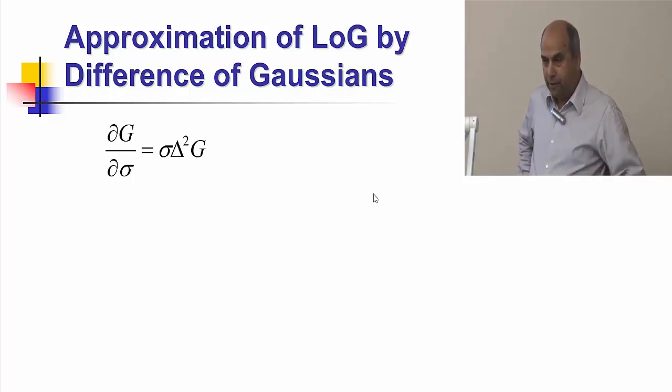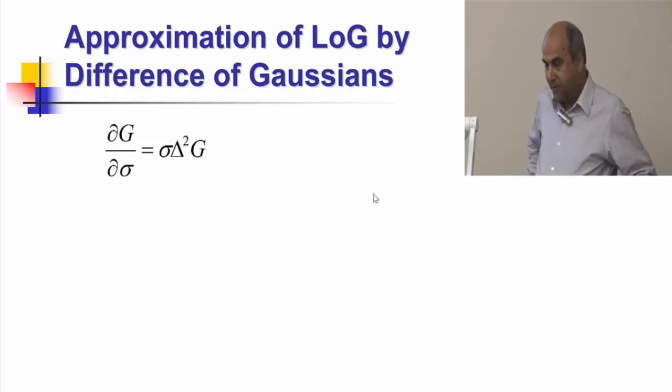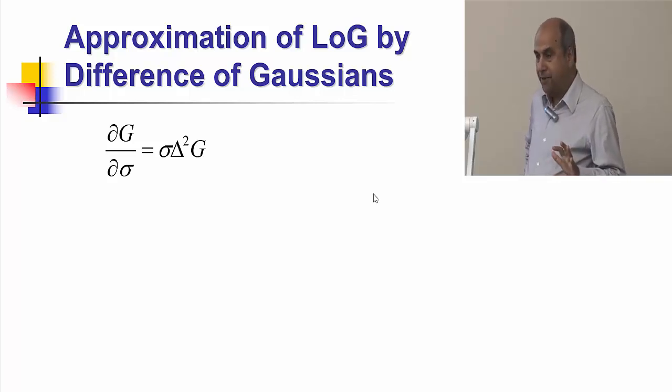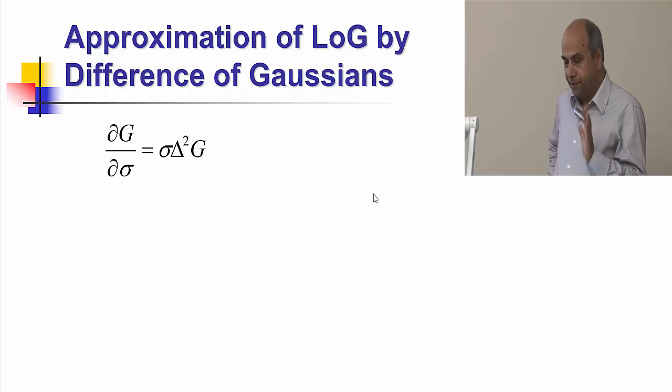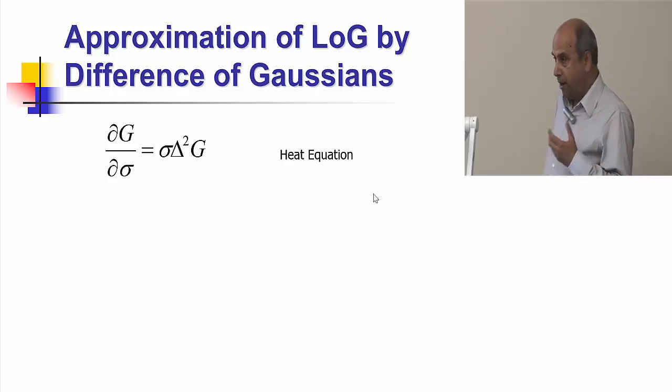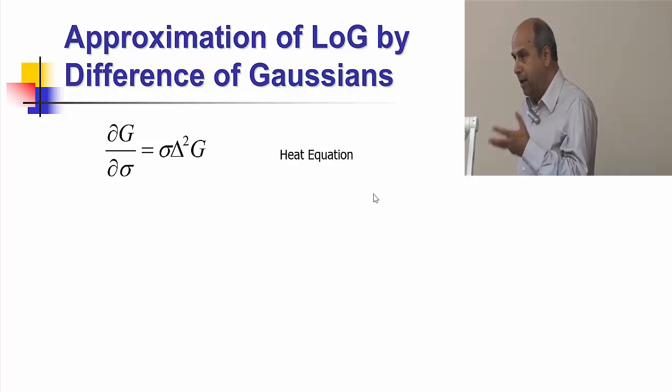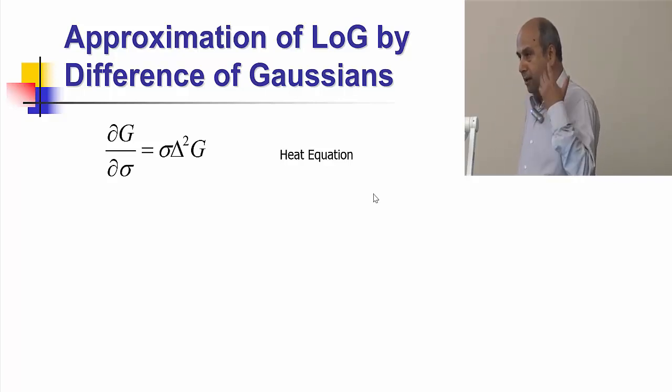If you look at this equation, this is saying the derivative of g, a function of x, y, and sigma, with respect to sigma, is equal to the Laplacian of this g multiplied by sigma. This is called the heat equation, and you might have learned it in physics a long time ago. There are some phenomena that satisfy this.